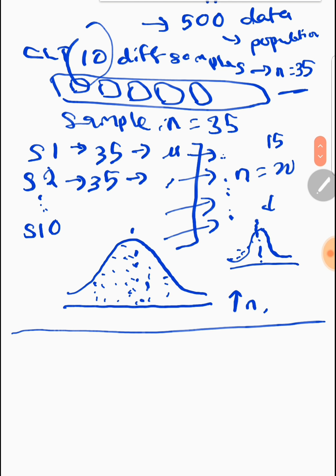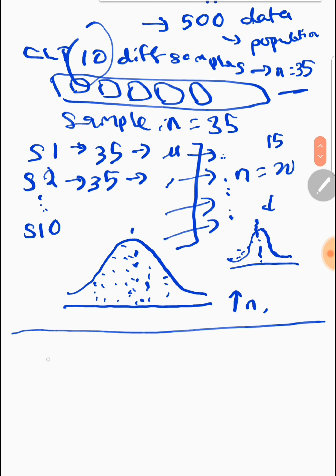So now how do we relate the central limit theorem to solving our statistics questions? If you remember, in our normal distribution, we have a certain formula with which you get a z-score, right?